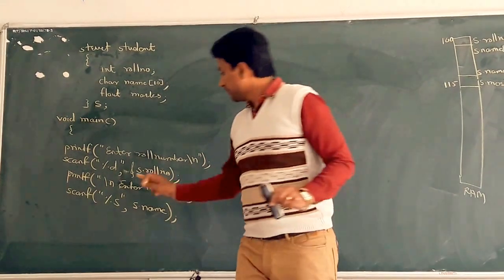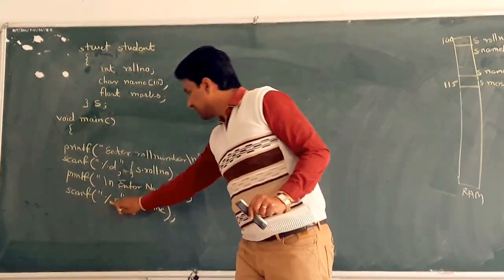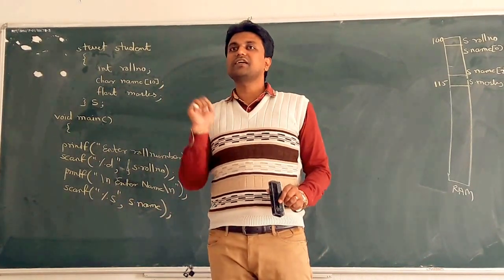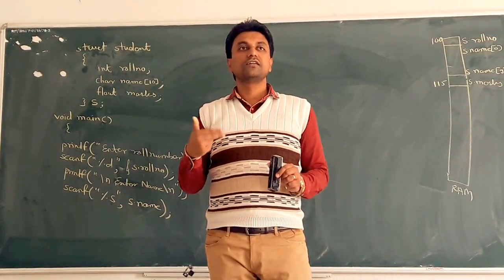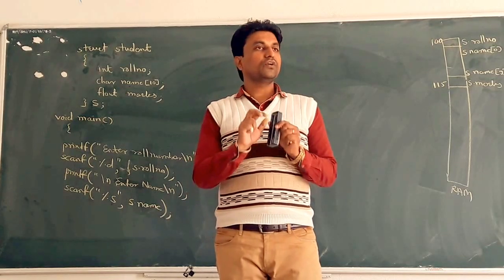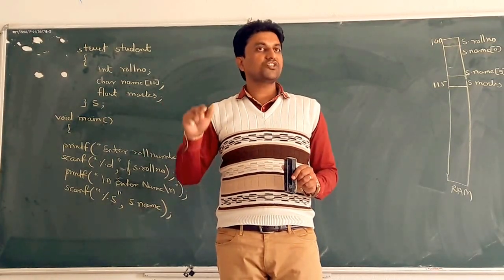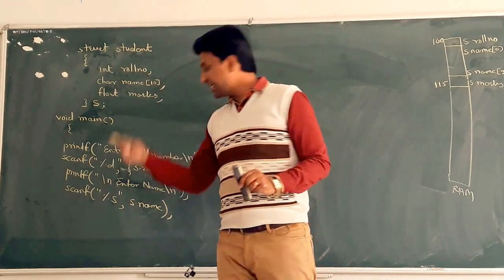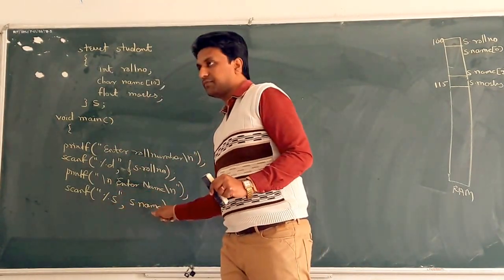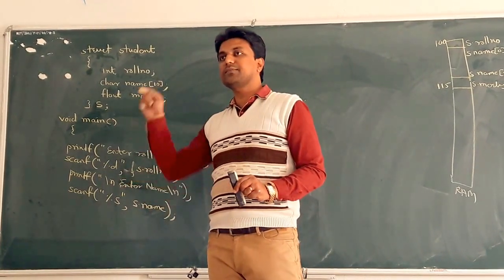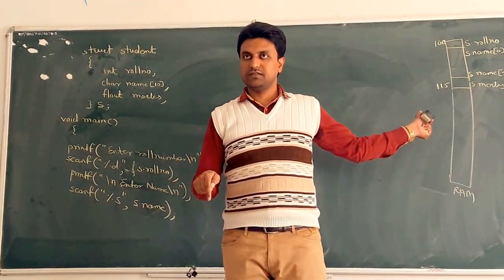We want to store the scanned string with %s, then the cursor blinks for the string. When you enter any string and press enter, that string is moved to which address location? S dot name. Don't write ampersand here because S dot name itself is the base address of that string.